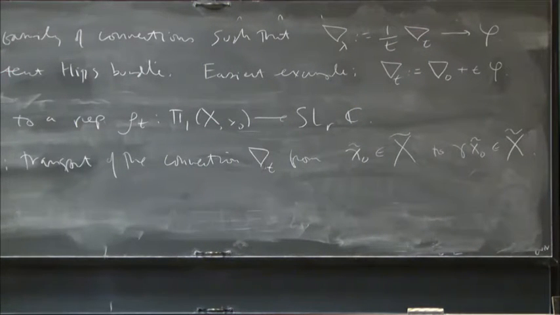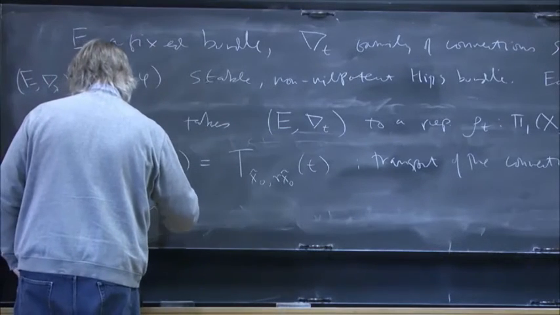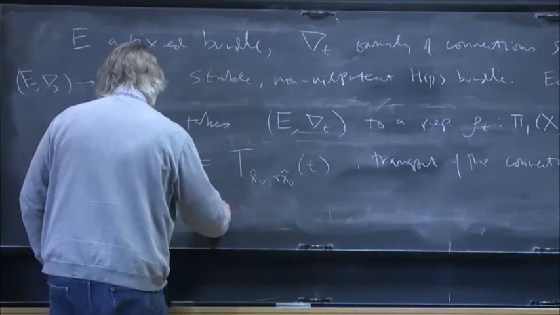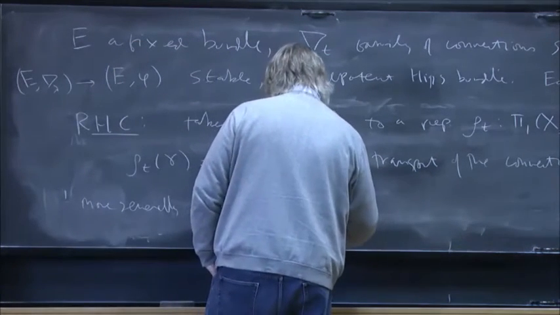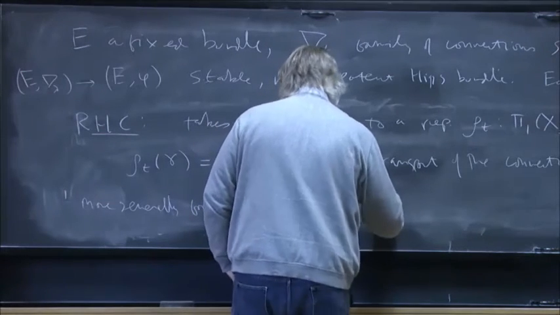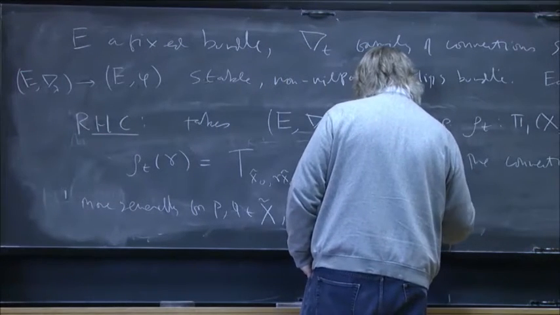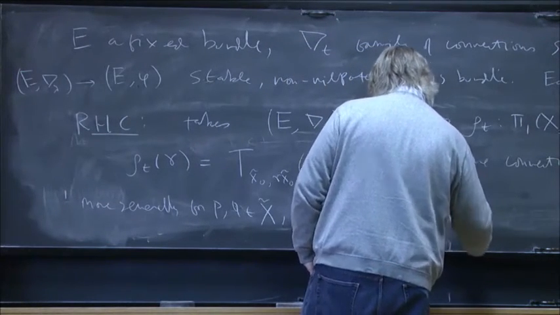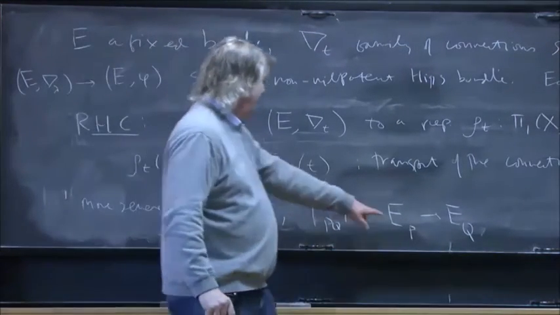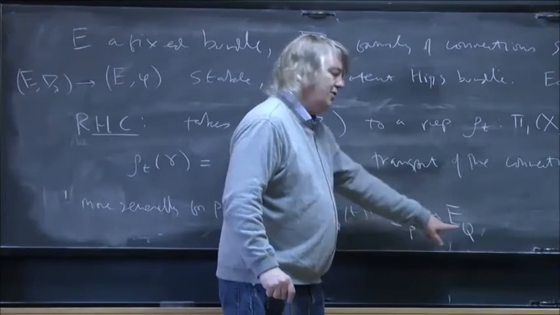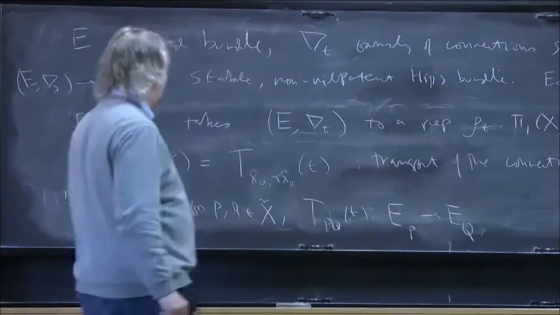So more generally, this is perhaps a slight abuse of notation. These were points in the universal cover, but these are the values of the vector bundle on the points downstairs. Okay.